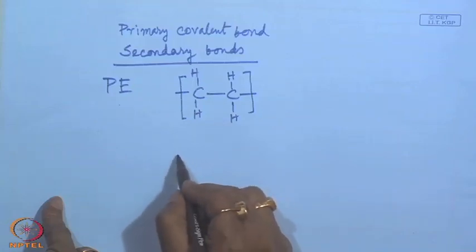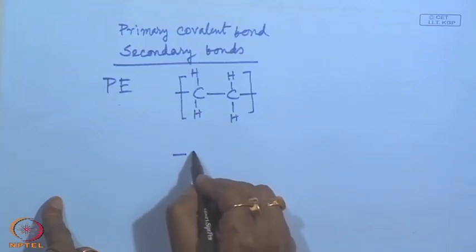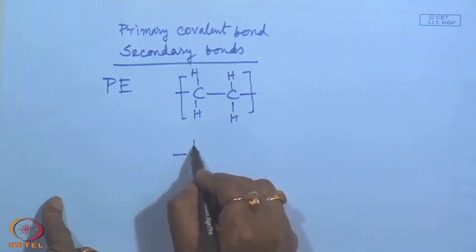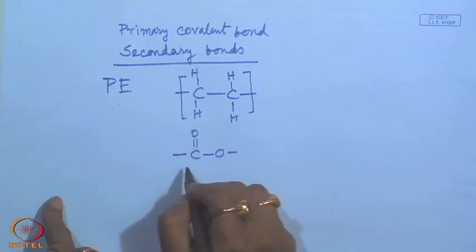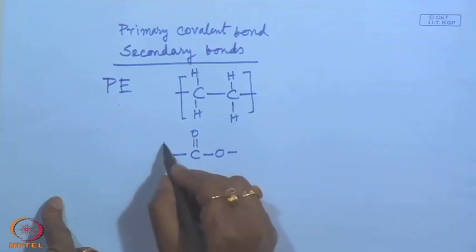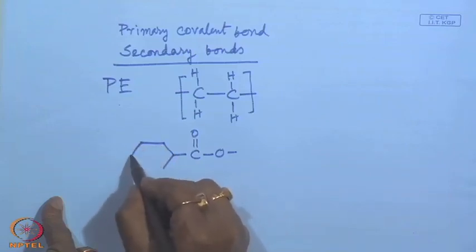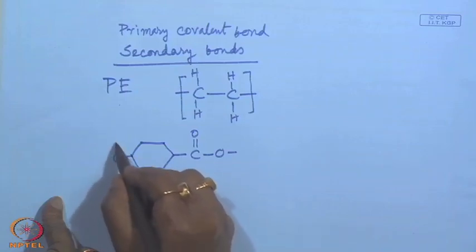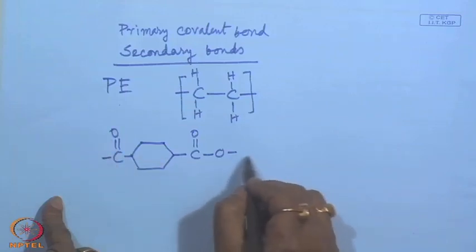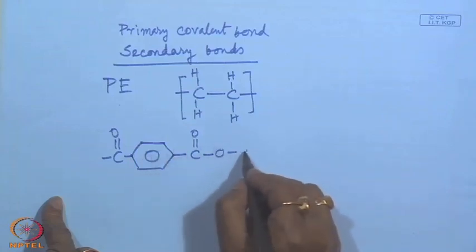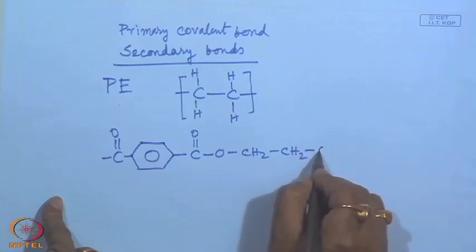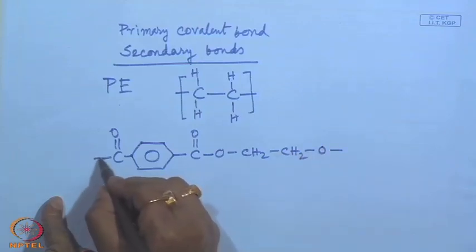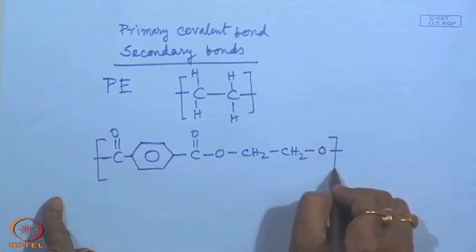There can be other kinds of bond, having this kind of structure. This is the repeat unit formula of polyethylene terephthalate.